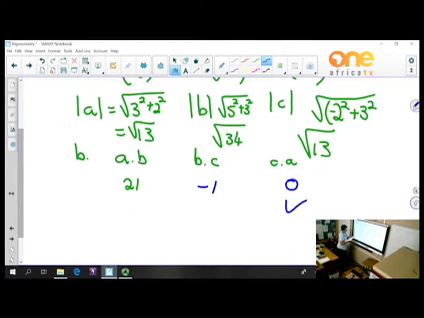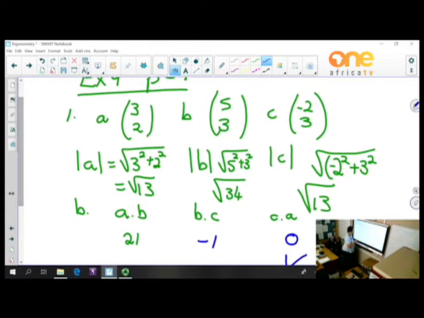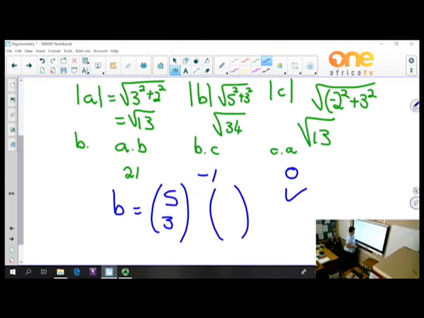And then they say find a vector which is perpendicular to B. Now, B is equal to 5, 3. Which vector will make sure that this will give you a perpendicular one? It means that this vector that we're going to give us here, II plus JJ, must give us 0.